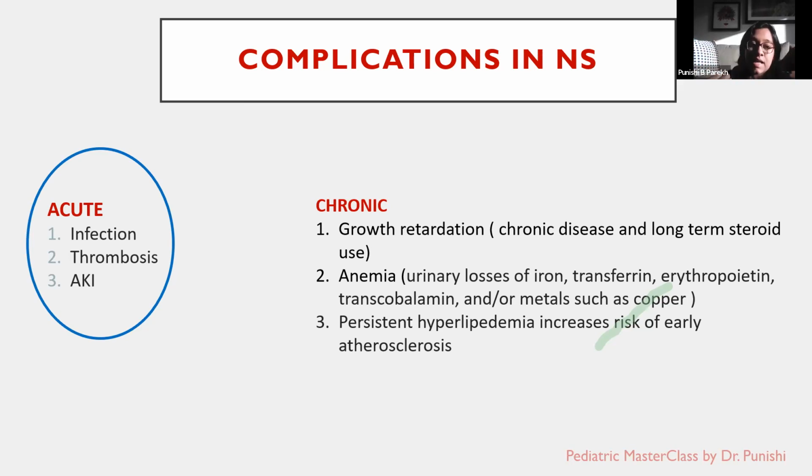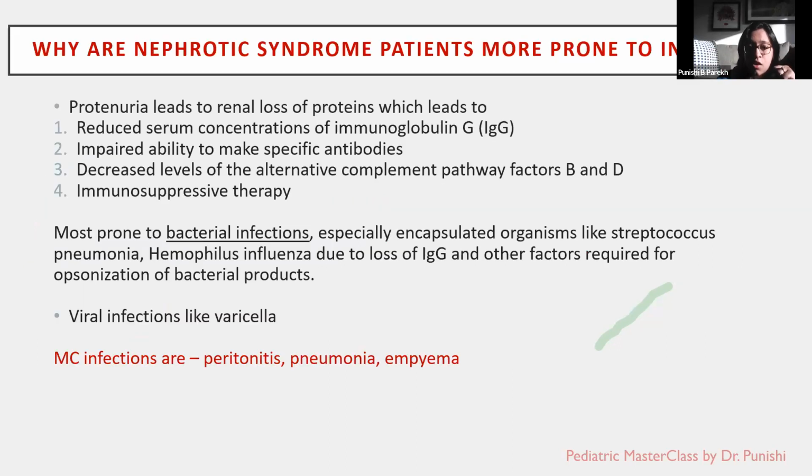Now, why is it that these kids with nephrotic are having an increased risk of infection? So what happens is when you have proteinuria, along with loss of albumin, there's also renal loss of other proteins like immunoglobulins and alternate pathway factors like factor B and D. Along with that, they also have impaired ability to make specific antibodies.